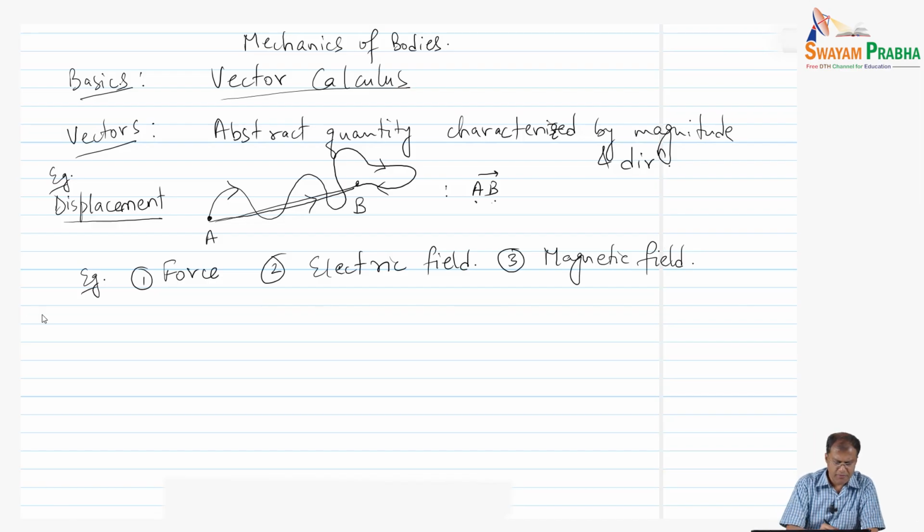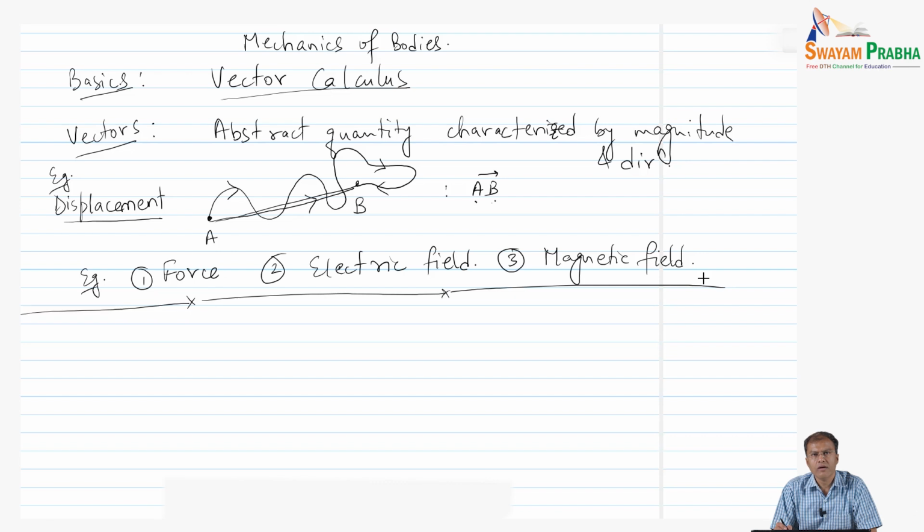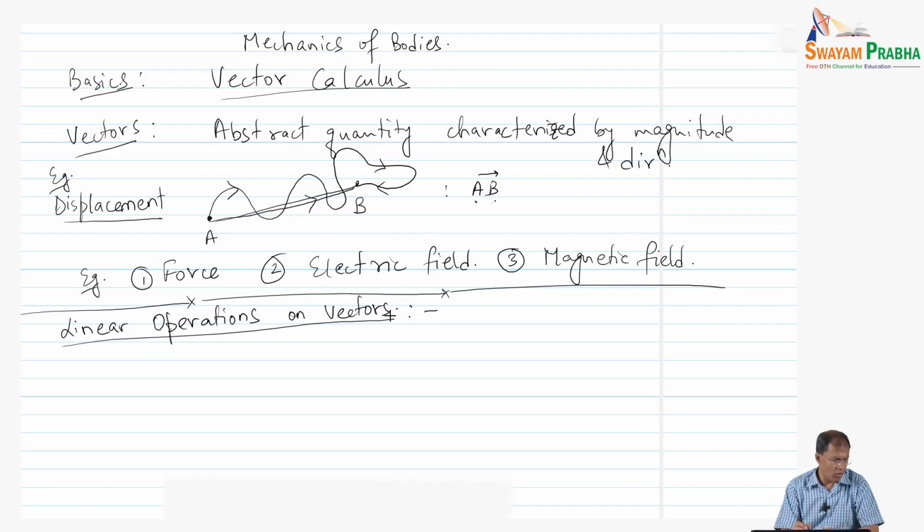Once we have introduced vectors, let us quickly list some of the operations and properties of vectors. The first point of discussion is the set of linear operations on vectors. Most of the readers will quickly familiarize themselves as these are very basic operations.